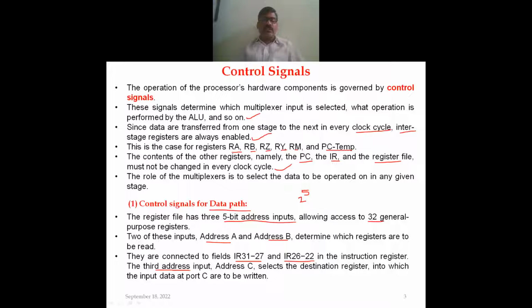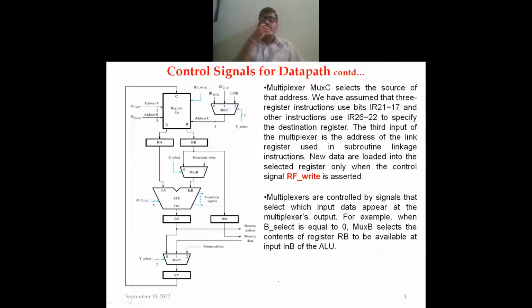The third address input, address C, selects the destination register into which the input data at port C are to be written. This is also in the IR register: the destination register uses the 17 to 21 bit positions. Here, what are the control signals related to this data path?